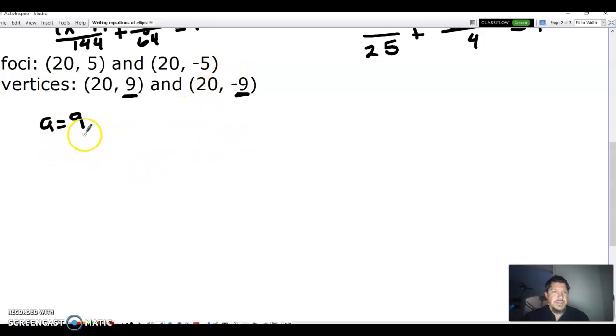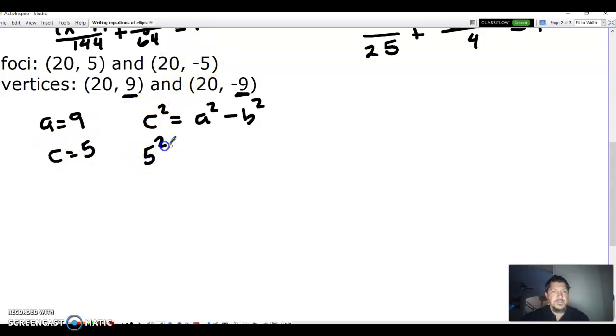So to find B, it's c squared equals a squared minus b squared. Well, c is half the distance from here to here, which is 10, so c is equal to 5.